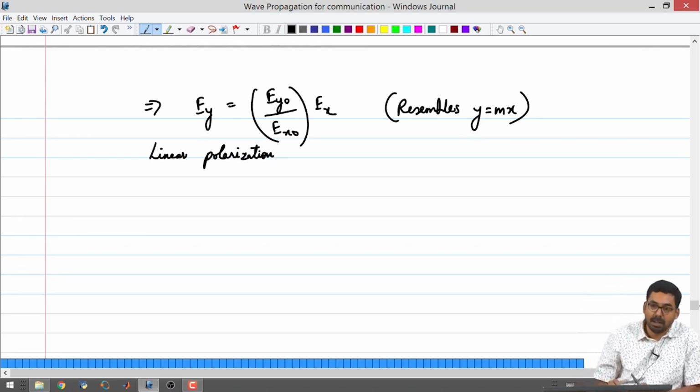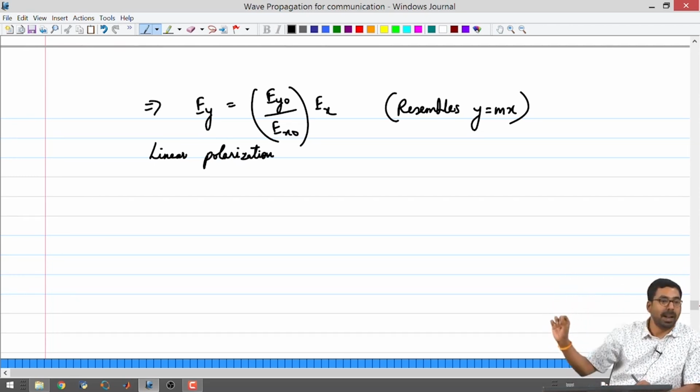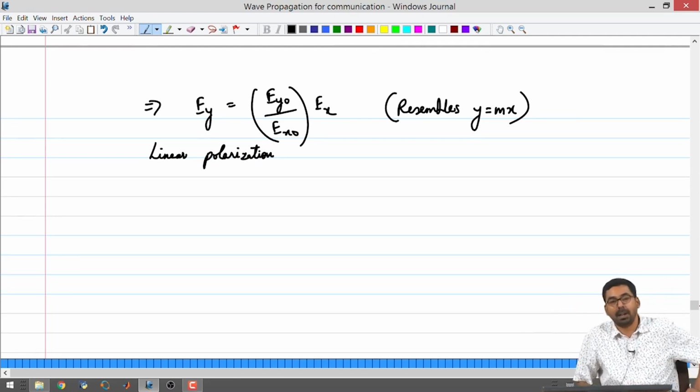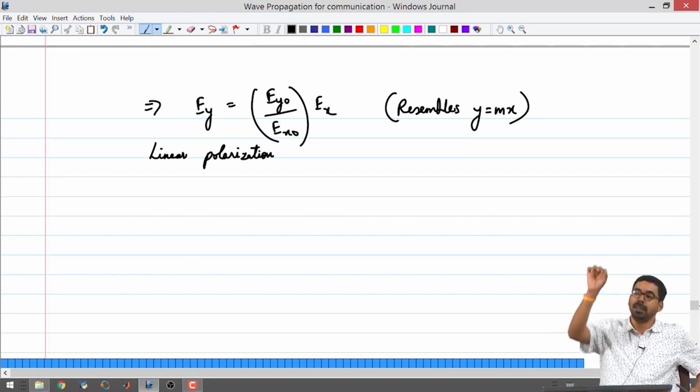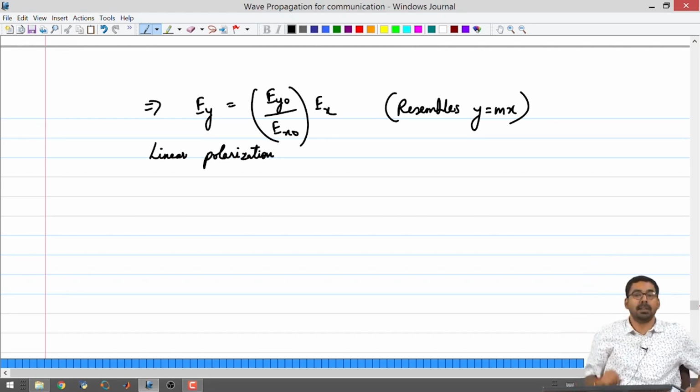What is Ex naught? Ex naught is the peak value that the x component of the electric field is reaching. If you multiply that with cosine omega t, then you will get the time dependence in the horizontal direction. That is all. Ey naught corresponds to the peak of the electric field of the y component, so I will just mark this as Ey naught.